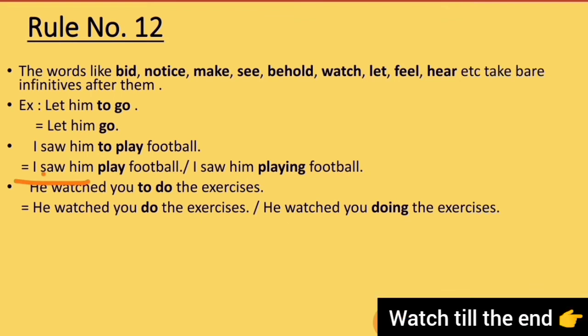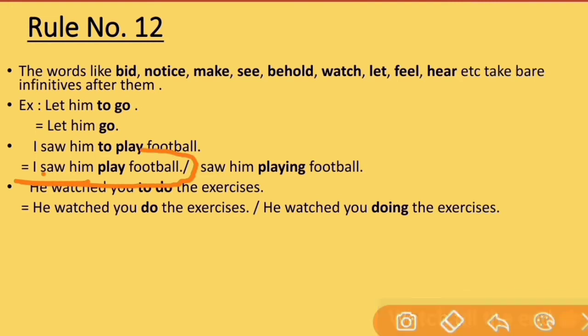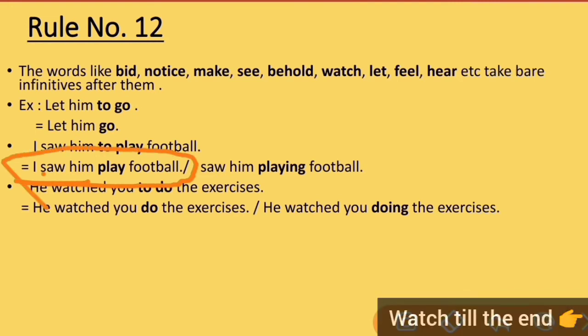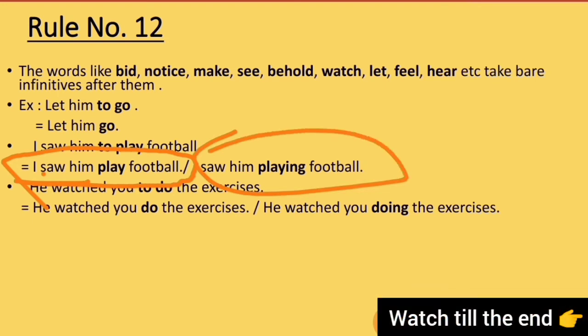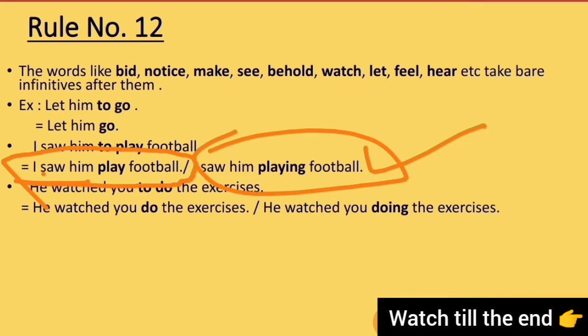Here, I saw him play football means I saw the complete action. Okay, but here, I saw him playing football means I saw a part of the action. It means when he was playing, I saw a part of it. But the base form means I saw the complete action, I saw the full game.